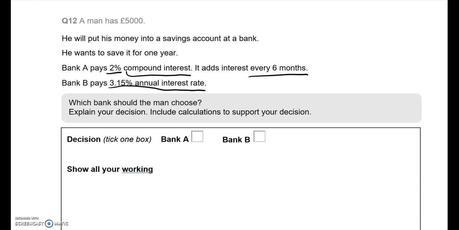We'll do Bank A first. 2% compound interest. So he invests £5,000. Now you could work out 2% and add it on top, or just go times 1.02 to the power of 2, because it's going to be twice for the year.